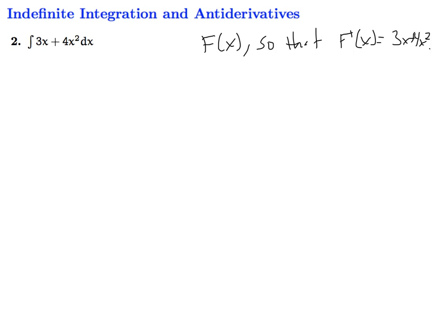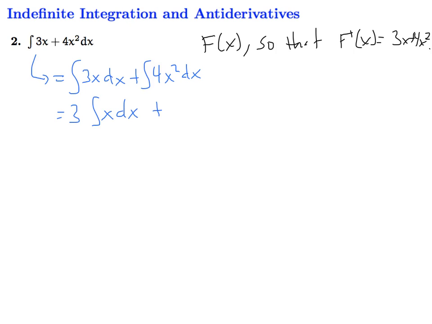So the first thing we might want to do here is break it up into two separate indefinite integrals. Next, let's bring those constants out so that we're just looking at pretty simple things inside of our integrals. And well, let's see. 3 times the antiderivative of x. So what function do I know that when I take its derivative I get x?